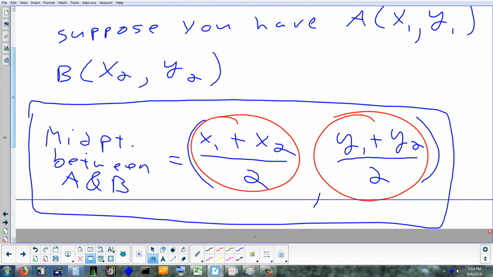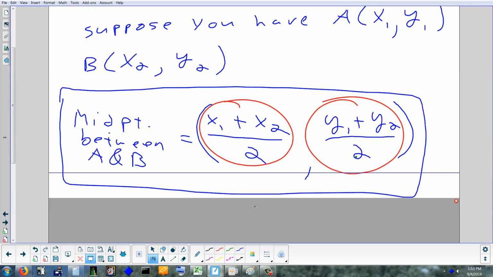Yeah. The average. So I don't even remember this formula. All I remember is, with the midpoint, take the average of the x's, comma, then take the average of the y's. That's all it is. Average the x's, average the y's, there's your midpoint.